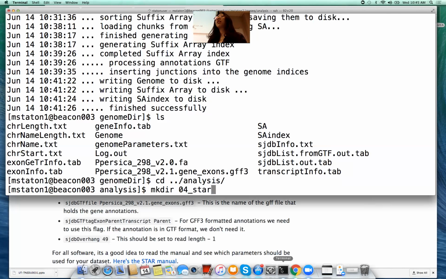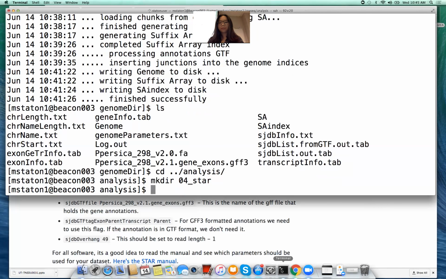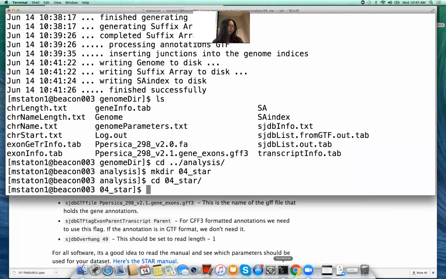We'll put our mapping alignment in this folder, and enter your star folder. The reads we are using will be the ones we trimmed yesterday, because that removed the low quality reads. So we are going to use the good quality reads to map to the genome.